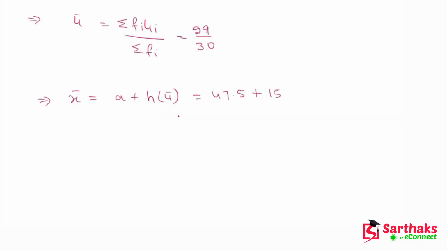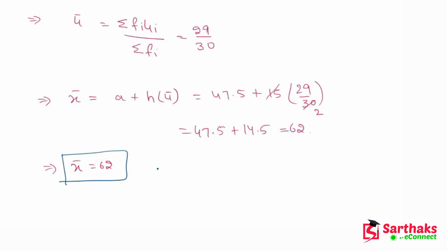Now we have u bar is 29 upon 30. And this will be cancelled 2 times. So we have 47.5 plus 14.5. If we add this, we get 62. So we have x bar is equal to 62. So my dear friends, I hope you understand this question.